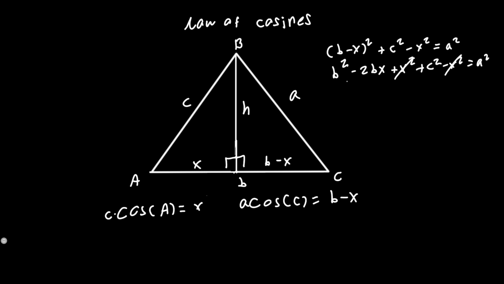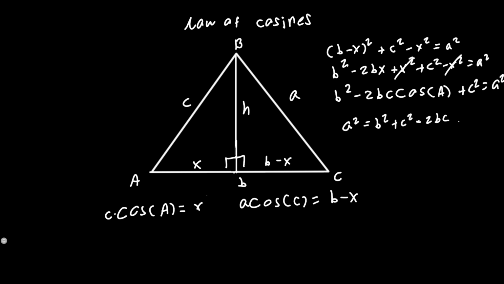And since we have x, we're going to replace x with c cosine of a, which is going to be b squared minus 2bc, or actually, I forgot the cosine of a, plus c squared equals a squared. We can rewrite this as a squared is equal to b squared plus c squared minus 2bc cosine of a.